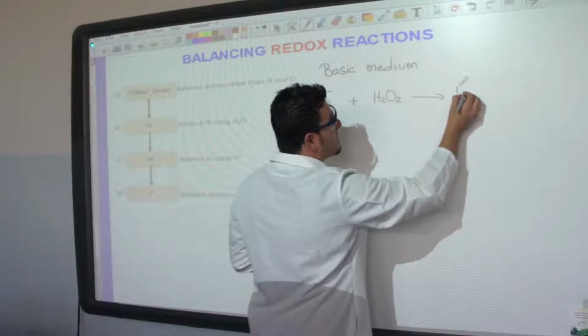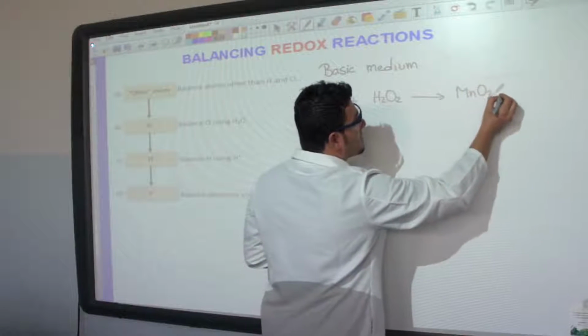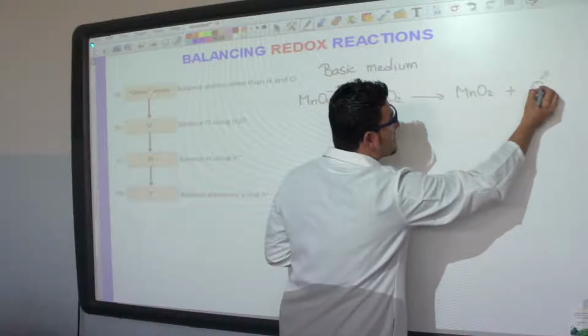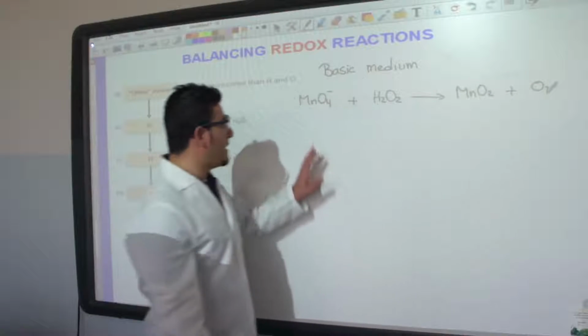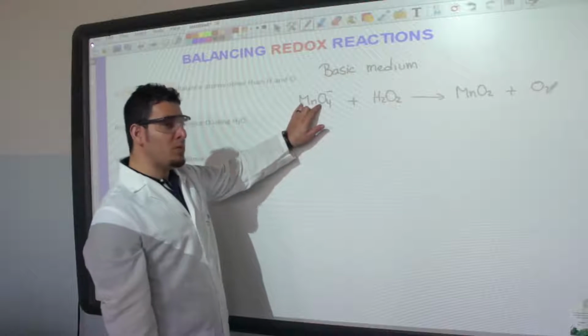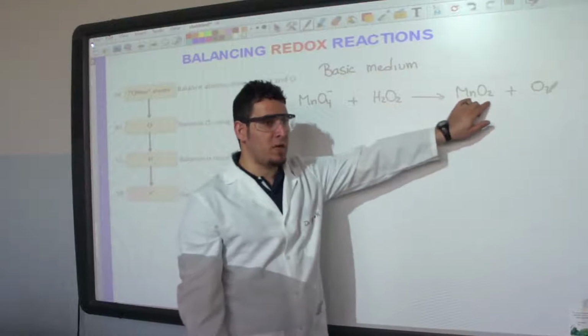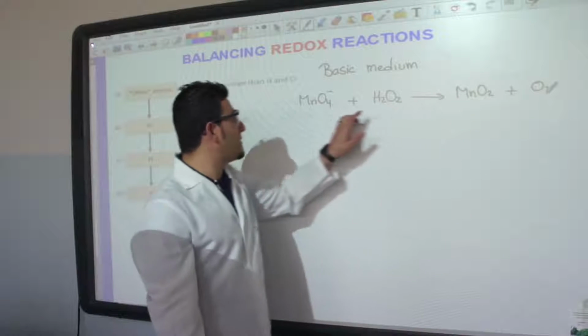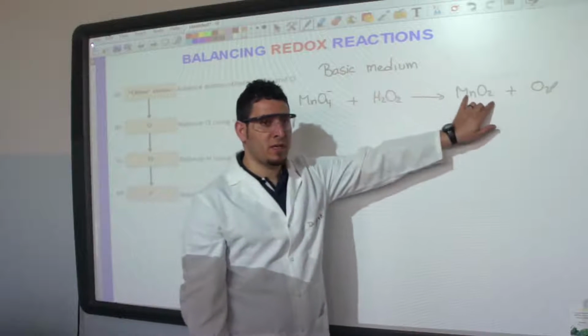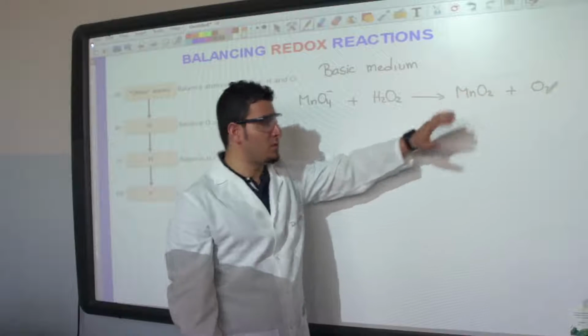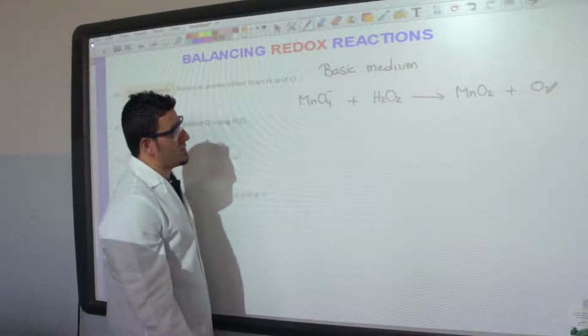That's going to give me manganese oxide plus O2. Now if you notice, permanganate in acidic medium gives manganese 2 plus. However, in basic medium, it gives manganese oxide. We will discuss this after that.